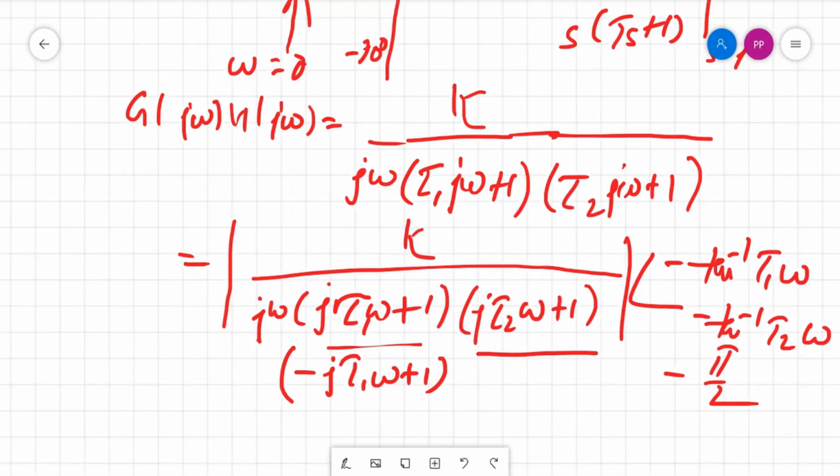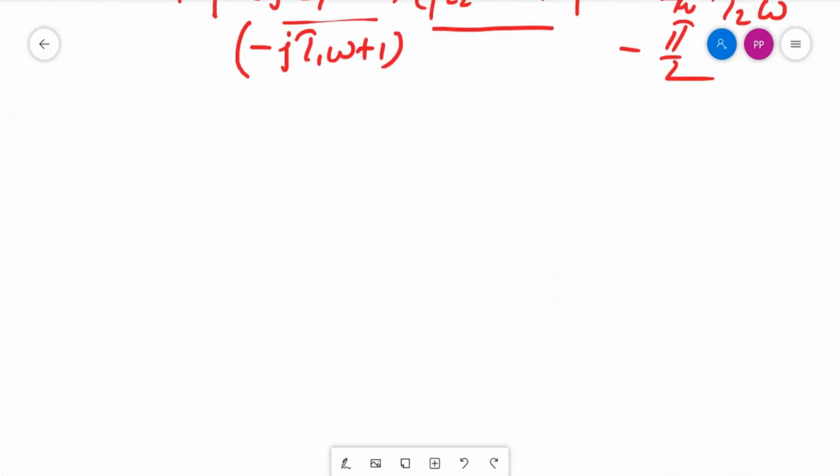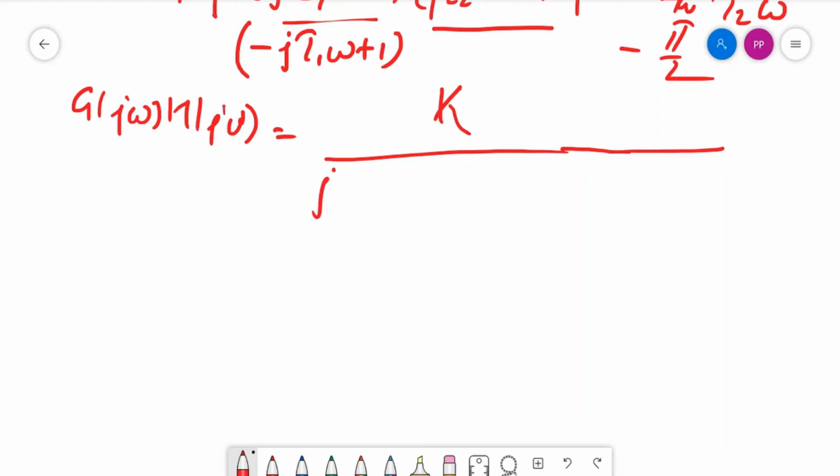Now see how this bracket in the denominator is solved further. So you can take it like this: G at j omega, H at j omega equal to K divided by j omega into (1 minus tau 1 tau 2 omega square).